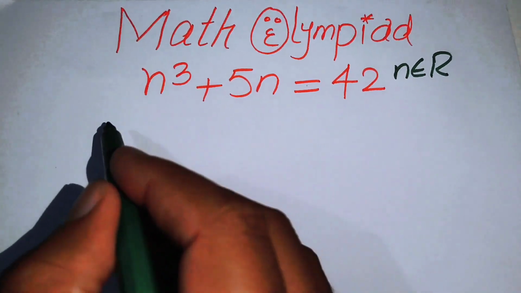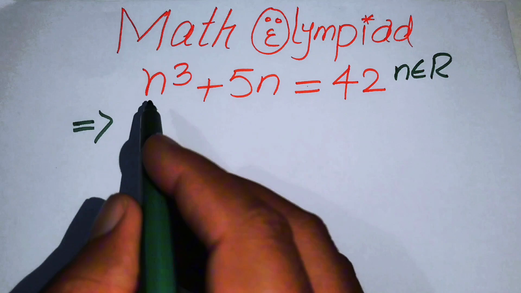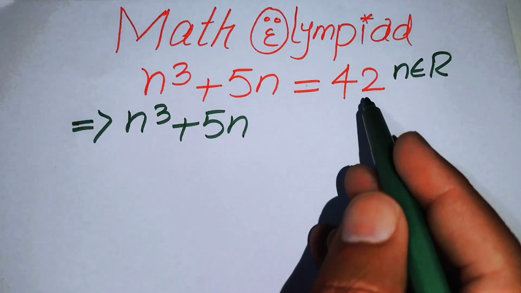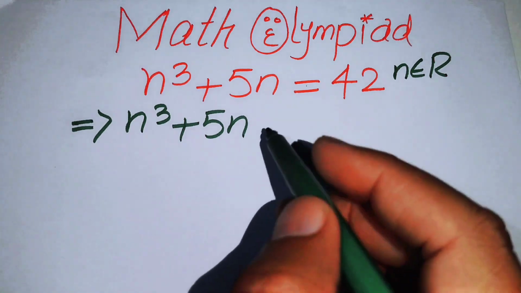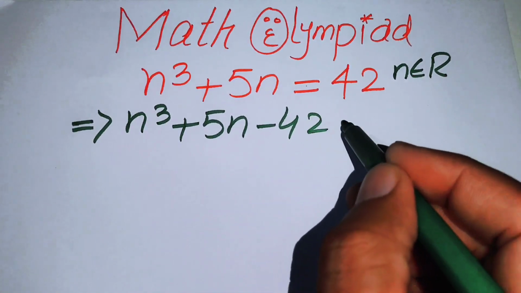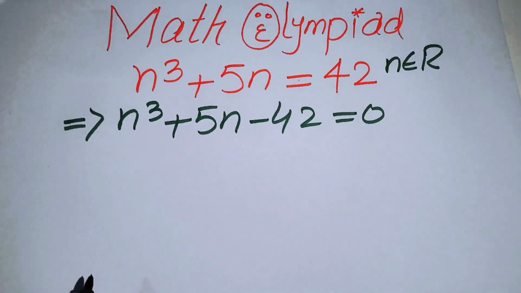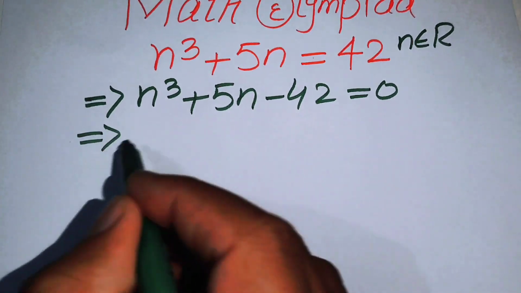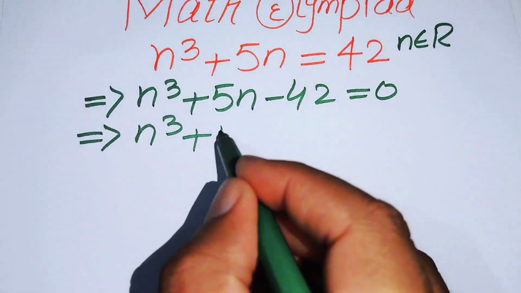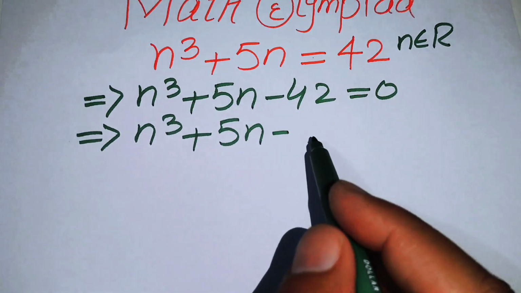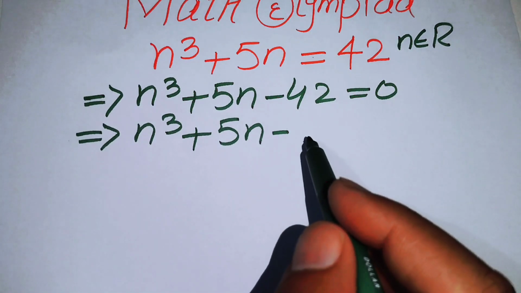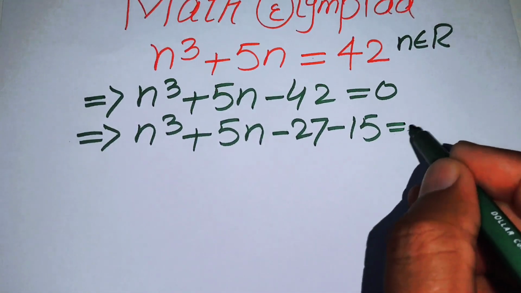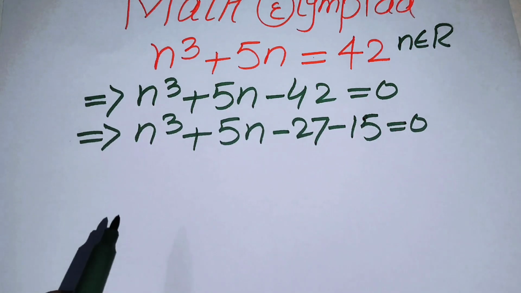Now first I can rewrite this equation as n cubed plus 5n, and we move the 42 to the left hand side, and it becomes minus 42 is equal to 0. In the next step we can simplify this equation, and we write n cubed plus 5n minus 42, and we can write this minus 42 as minus 27 minus 15 is equal to 0.